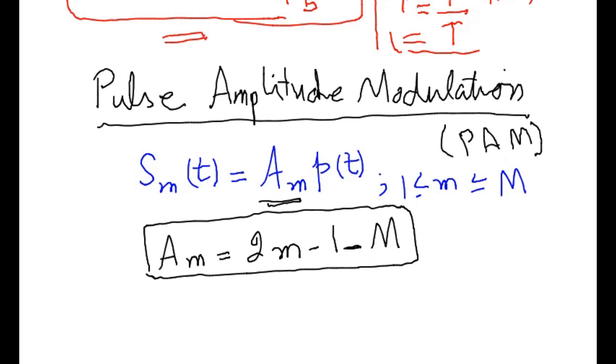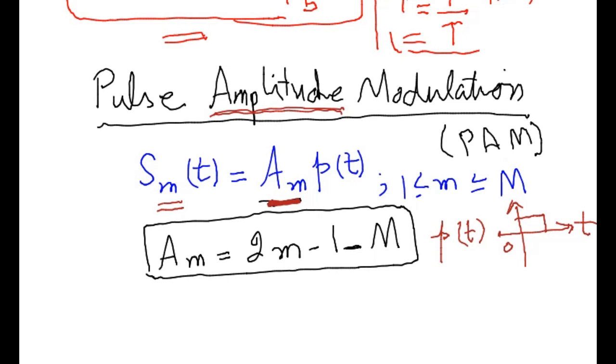You can see that in a pulse amplitude modulated signal, each s_m of t differs from another one by this amplitude only, because the pulse p of t is the same. And you should always keep in mind that this pulse is a symbol from 0 to T with a positive 1 amplitude.